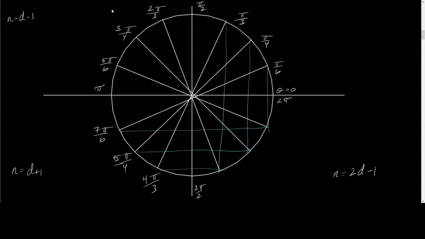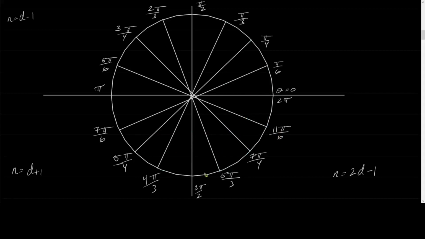So when we go to fill out our angles, this is something pi over 3, and the something is twice the denominator minus 1, so 5. This one over here is something pi over 4, twice the denominator minus 1, it's 7. This one, something pi over 6, twice the denominator minus 1, it's 11. So far we filled out all the angles of the unit circle.